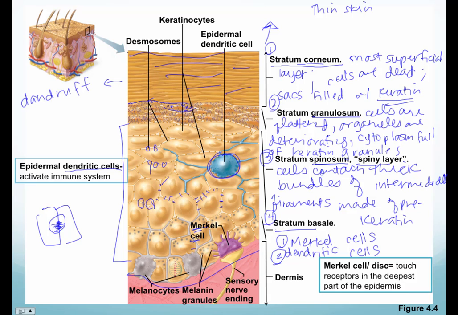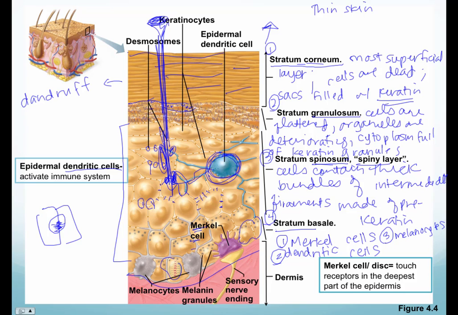Anytime you have a cut, say somebody pierces themselves with a nail or thumbtack that gets into your stratum spinosum, that nail is never always clean. You can have some bacteria, some dust particles on that nail itself. These dendritic cells can come and capture it and help break it down. Typically they're found in your lower layer, but this one could be migrating to attack anything that's foreign. The last thing you're going to find in your stratum basale is your melanocytes.